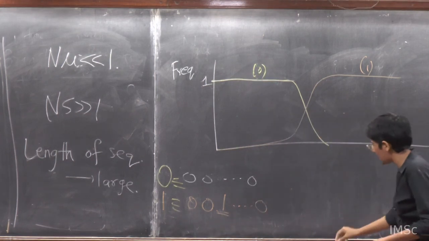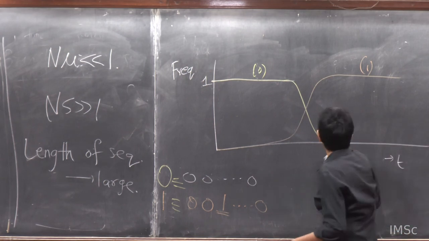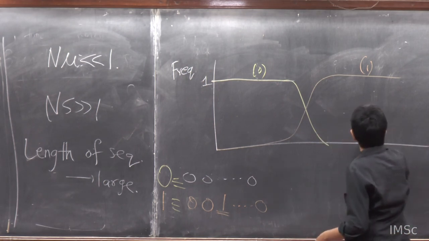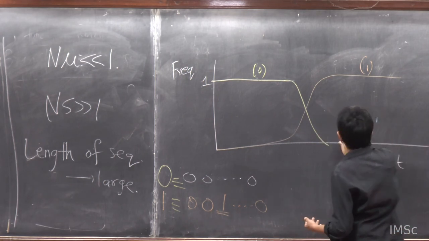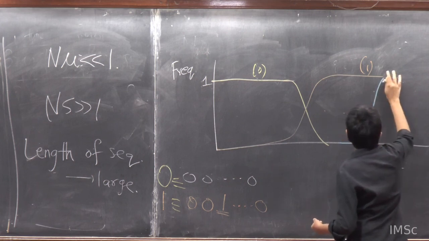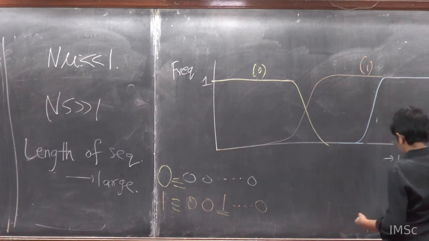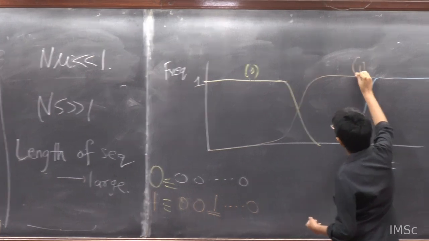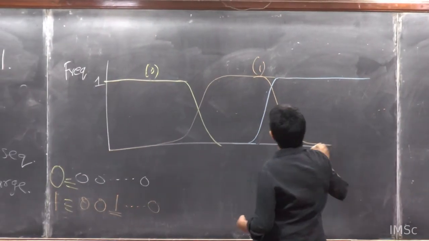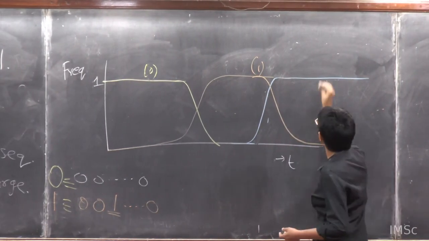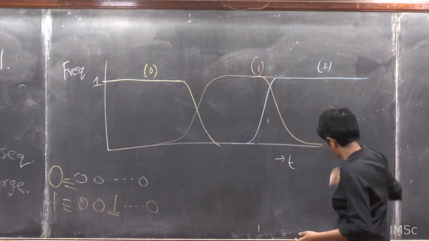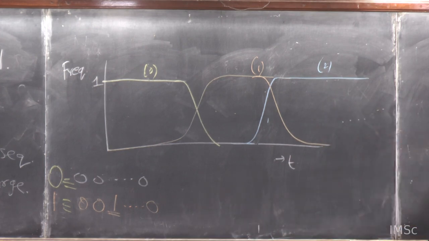Then at some other point of time, yet another one comes, the blue one. Its frequency was 0 at a different time, and that takes over because that's also a beneficial one, and so on. Okay, so that's the process I'm thinking about.